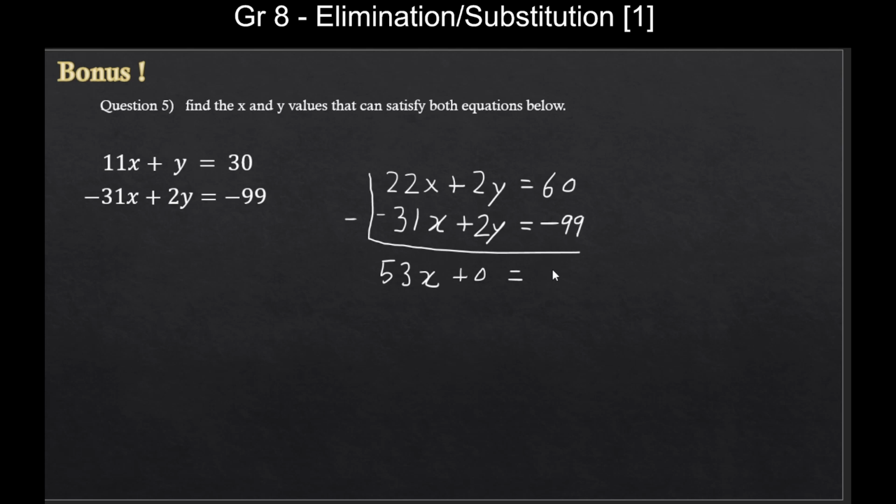So 60 plus 99 is, I think it's 159. I think this is right, yeah. So we have 53x equals 159. This looks like our x value is gonna be 3. Am I right?